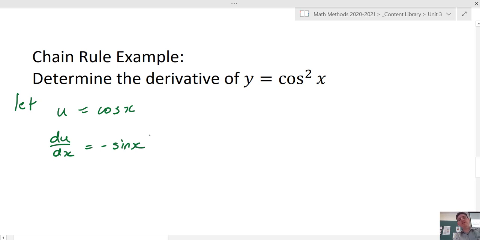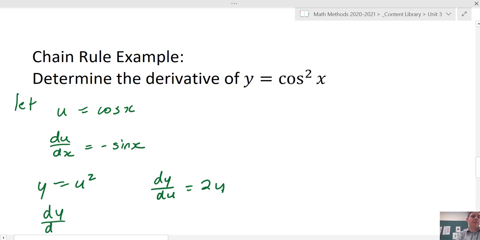That's just the general rule for the derivative of cos x. We now have y equal u squared, so dy/du is 2u. So I found u, found the derivative of u, subbed u in, found the derivative in terms of u, and now I'm finding the derivative in terms of x.